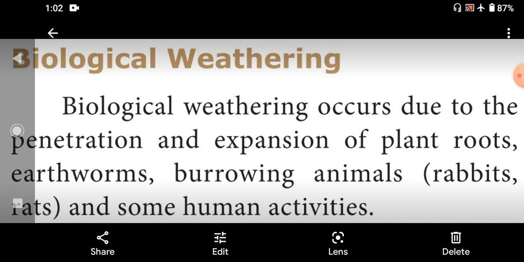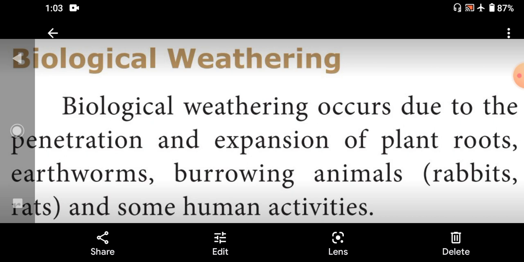Then next one is chemical weathering. The disintegration and decomposition of rocks due to chemical reaction is called chemical weathering. Chemical weathering will happen through some processes. What are the processes? Oxidation, carbonation, solution and hydration.